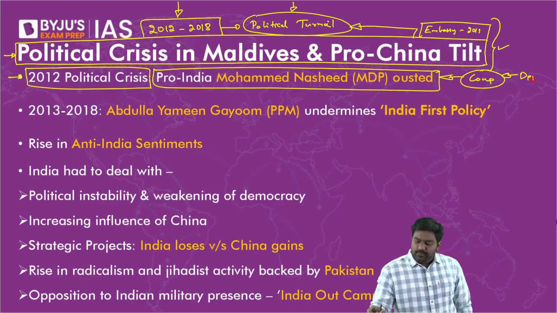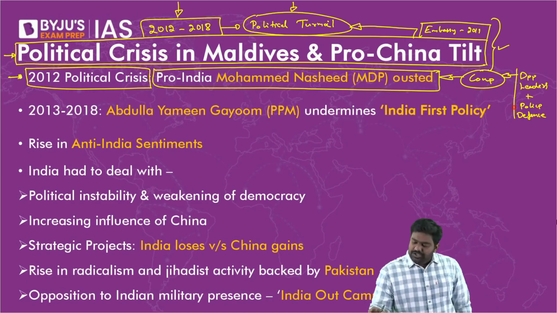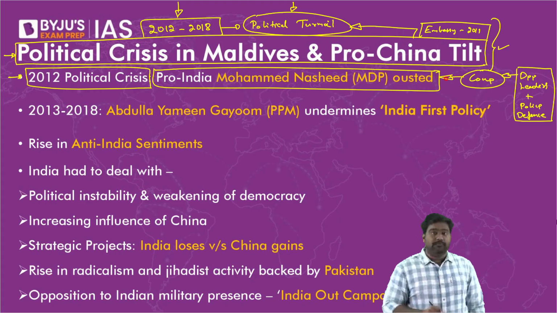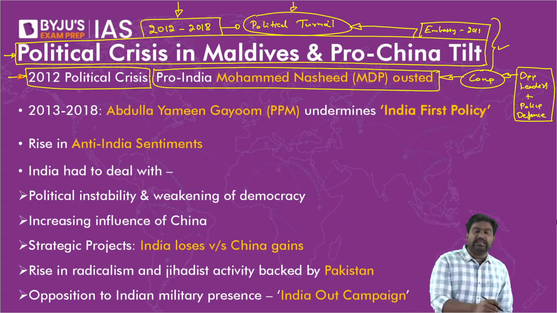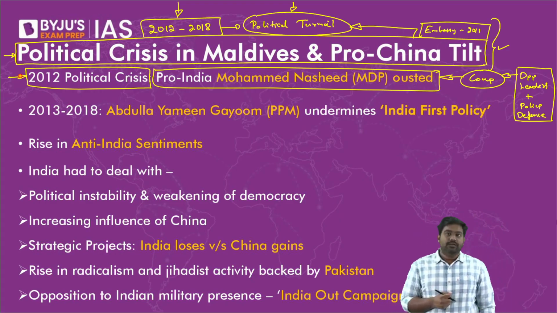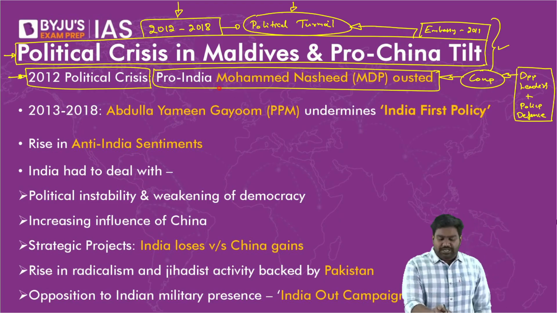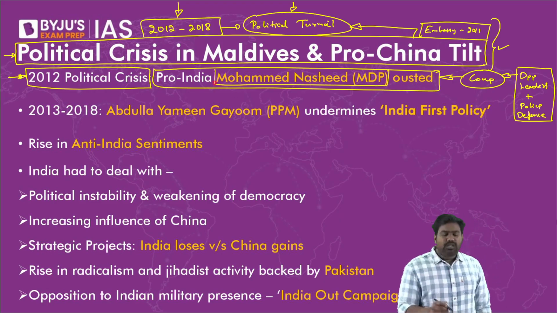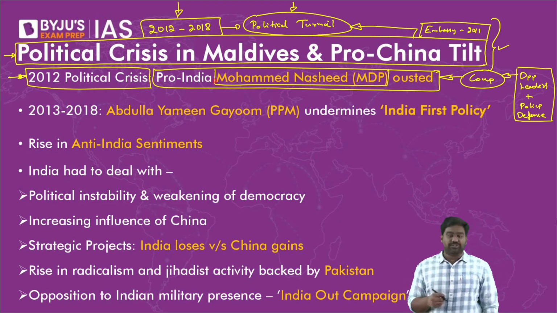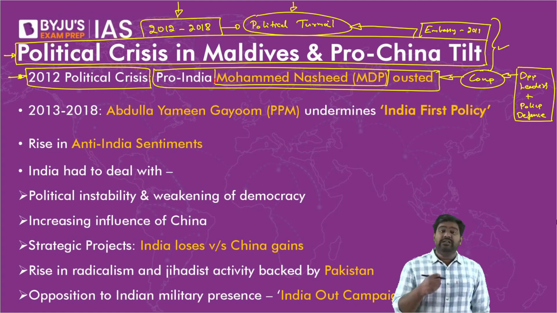Opposition leaders, with the support of police and some defense personnel, threatened Nasheed and threw out Nasheed from power. This was a result of an internal crisis, internal political struggle. What happened was, Mohammad Nasheed, the leader of MDP, had started a few investigations against the previous government regarding corruption charges and corruption cases.